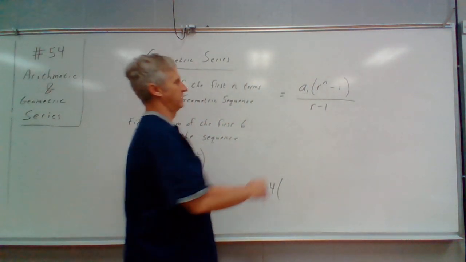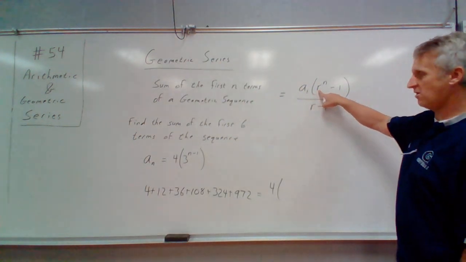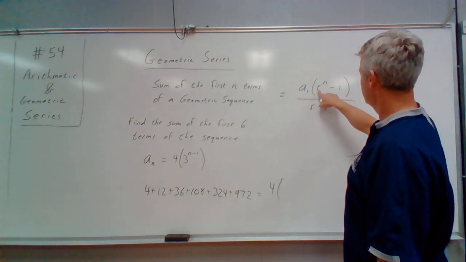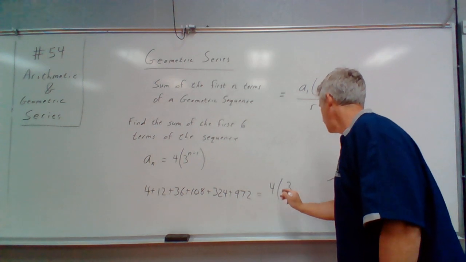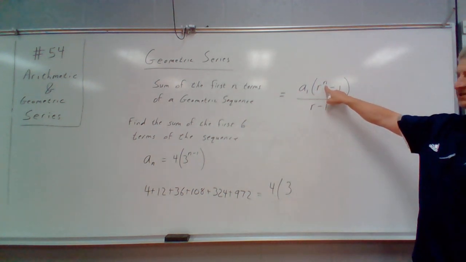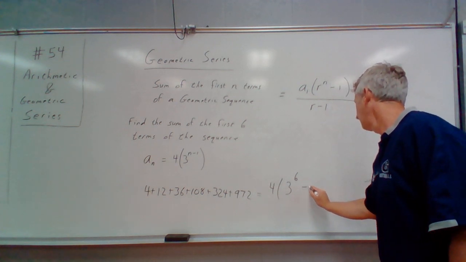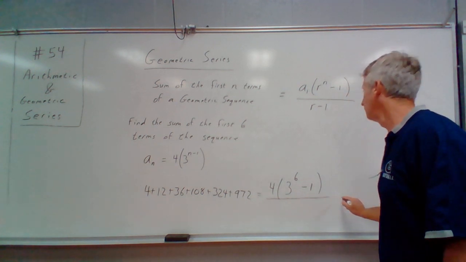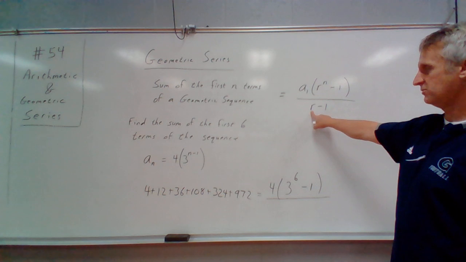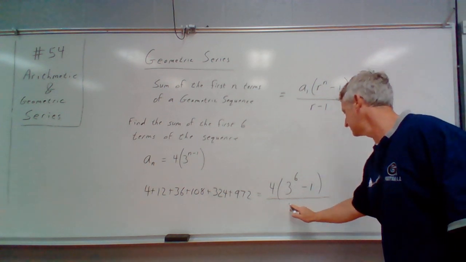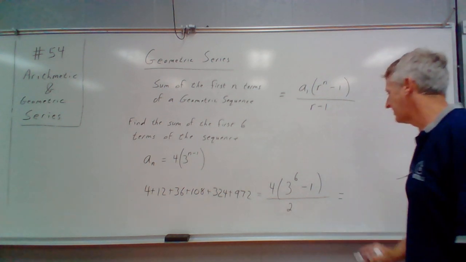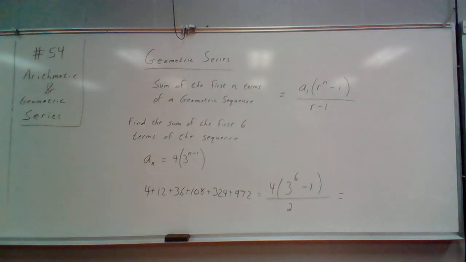And then my common ratio is R, which was 3. So I'm going to have 3. My n is 6 because I'm doing the first 6 terms. Minus 1 all over. My common ratio was 3. 3 minus 1 is 2.